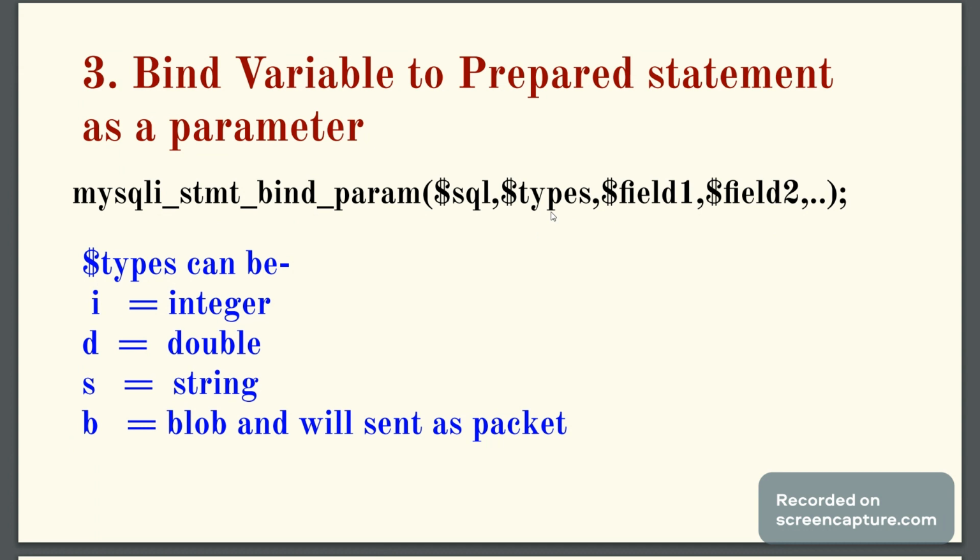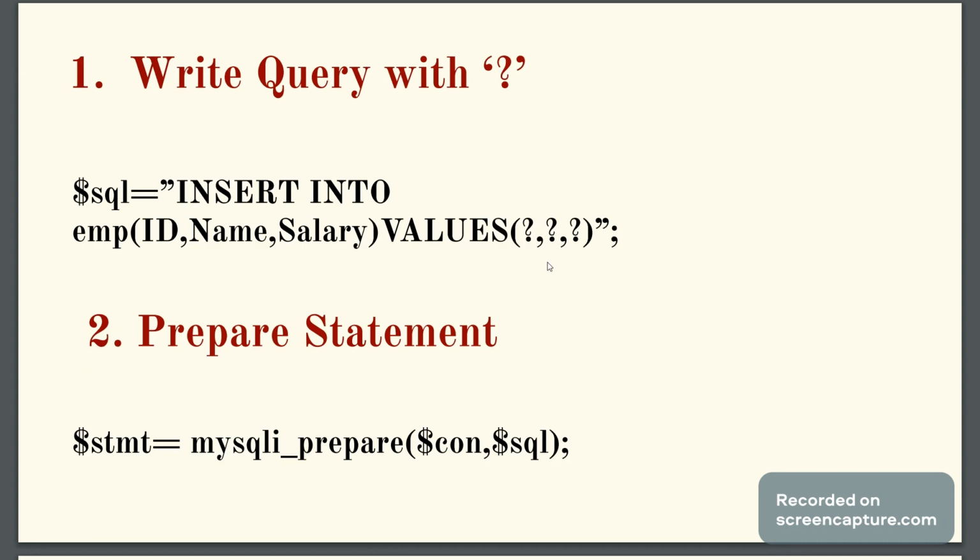So how can we write that? mysqli_stmt_bind_param, $stmt, comma, in double quotes we have to put the types. The id is a number, so for id it will be i. For name, the second question mark will be a string, so it will be s. For the third column, salary, it will again be a number, so for the third question mark it will be i.